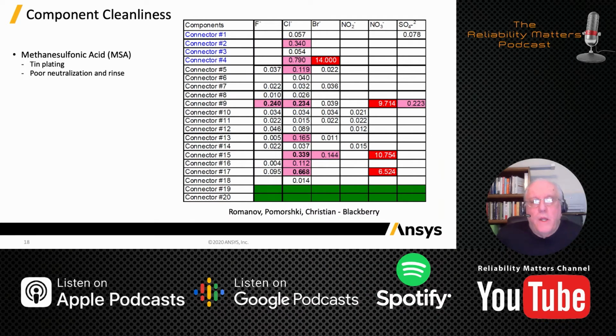So that's a widely used chemical compound that's used in plating, particularly tin plating, for the leads and pads of components. And the reason that chemical is used is it ionizes extremely well.